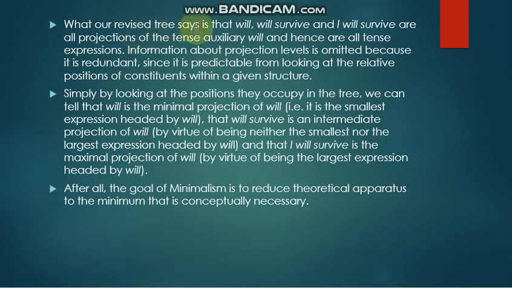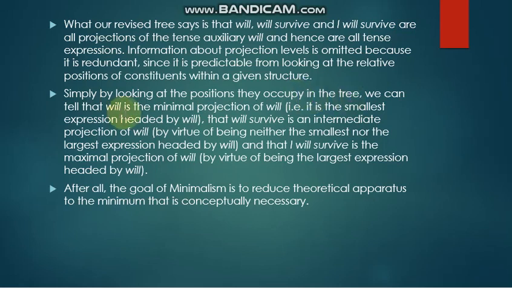What are revised trees is that will in our five are actions auxiliary will, and hence all are tense expressions. Information about projection levels is omitted because it is redundant, since it is predictable from the position of constituents within a given structure. Look at the position in the tree.